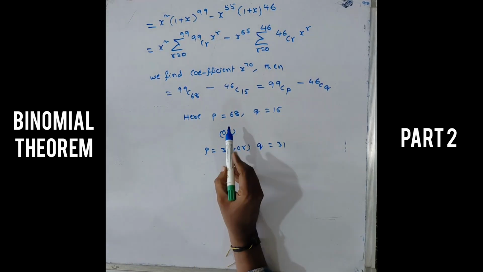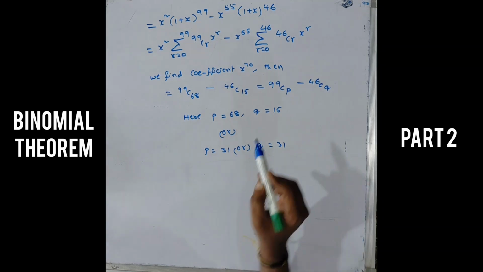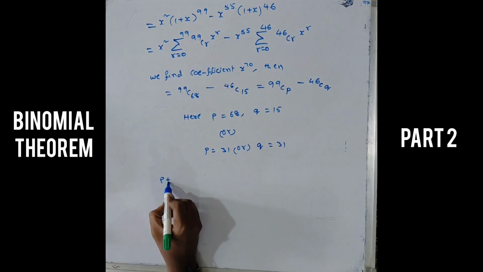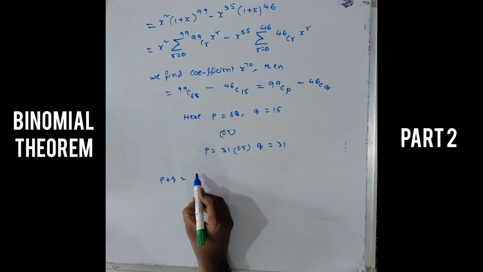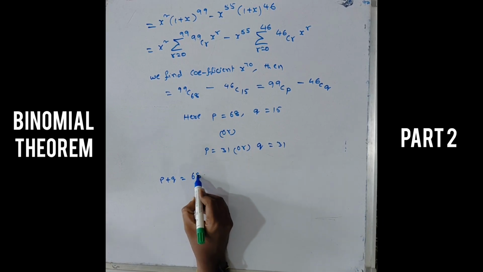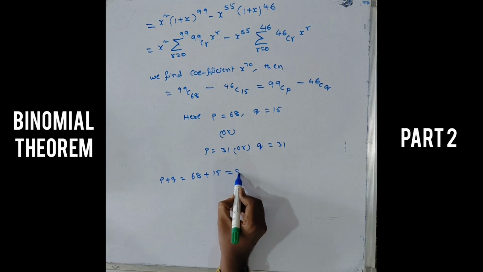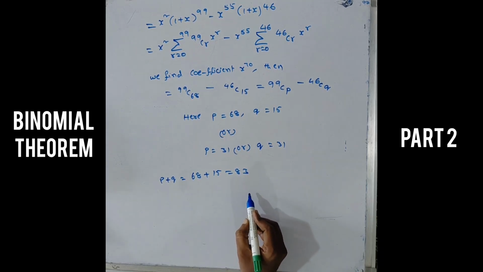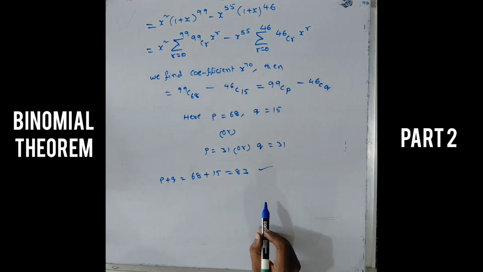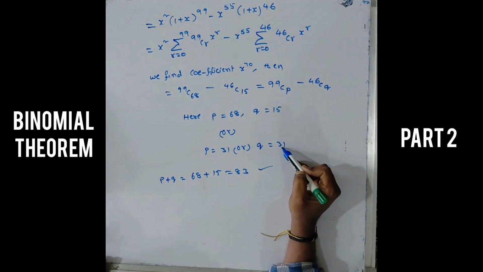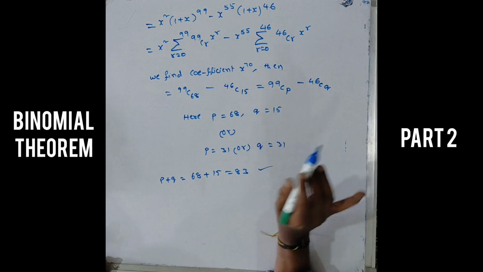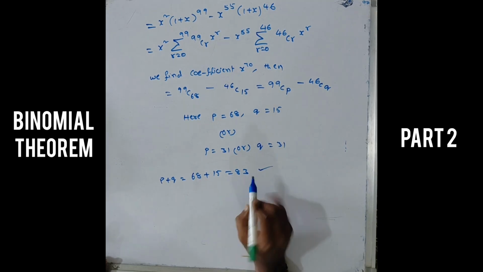So p equals 68 or 31, and q equals 15 or 31. Okay, p plus q is 68 plus 15, that equals 83. This is the correct answer. Or you can get 68 plus 31, or 15 plus 31, other values, but option 83 is correct.